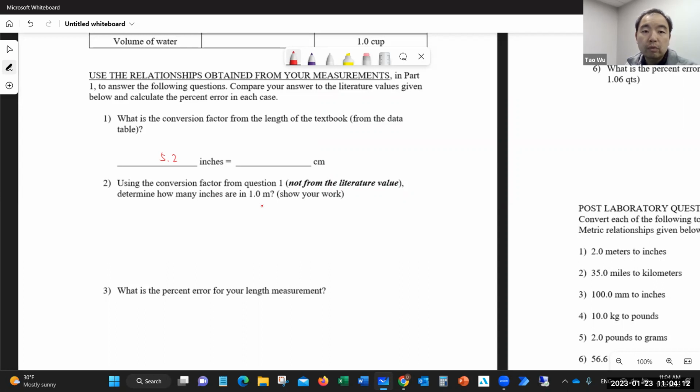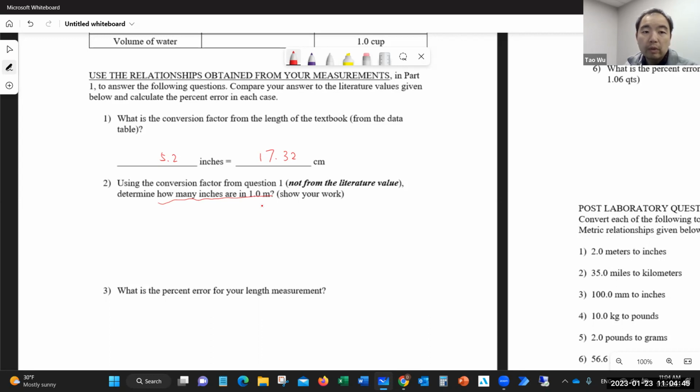So 5.2 inches on the left, and on the right side I have 17.32. Okay, this is my result. And then you try to figure out how many inches are in 1.0 meters.